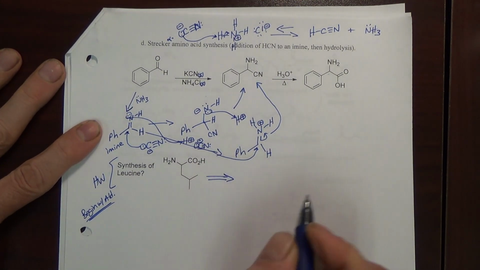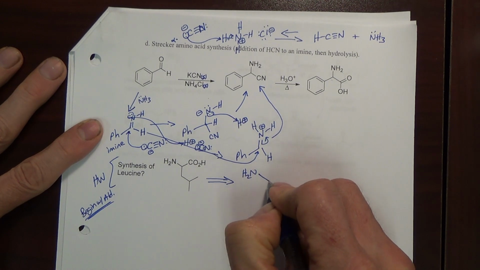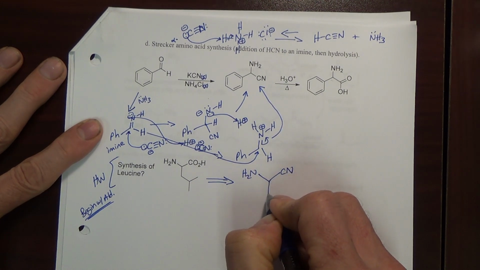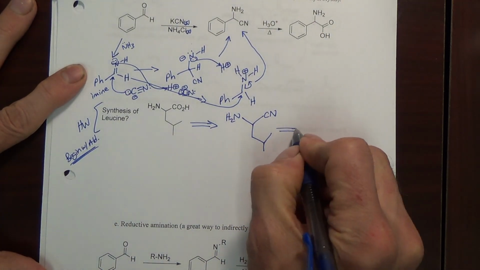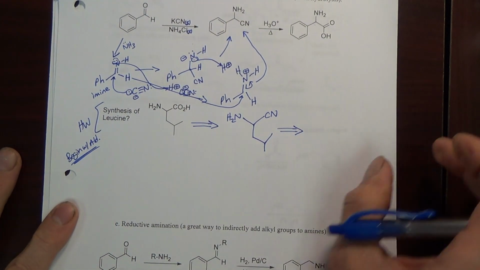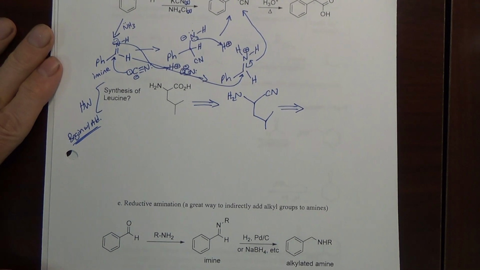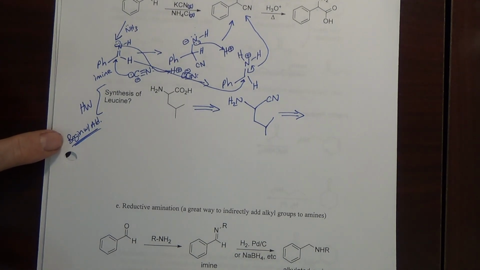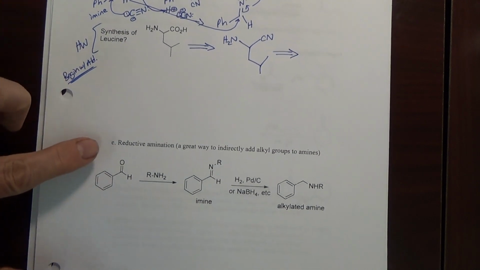That is, before the last step is hydrolysis of a cyano group, and so going to get that there. And then keep going backwards. Okay, retrosynthetic analysis. Until you get back to the aldehyde.